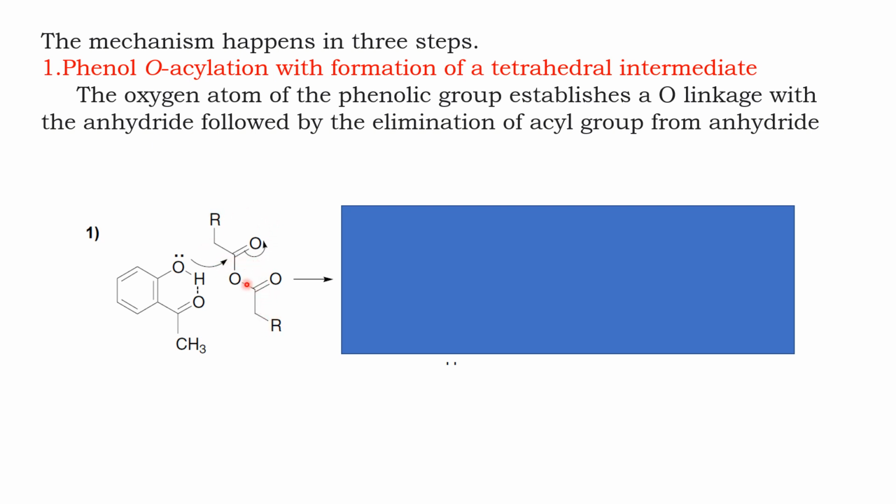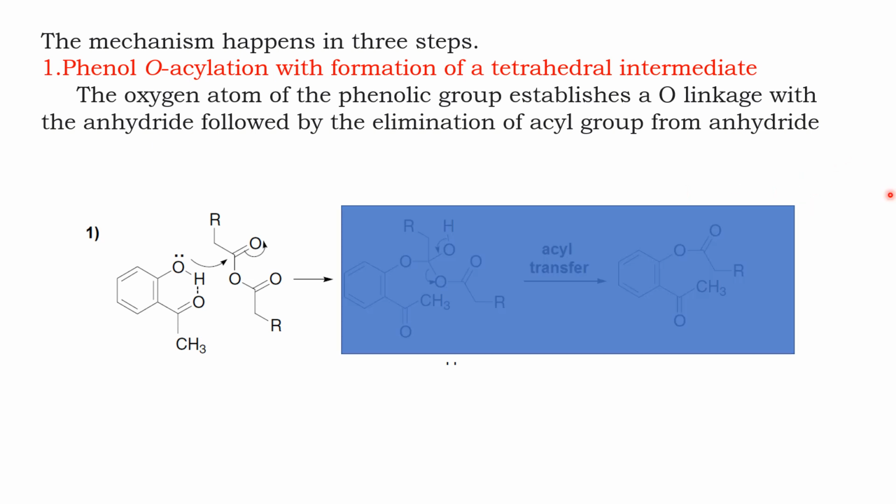This is the acid anhydride, R CH2 COO CO CH2R. So the phenolic oxygen atom is attacking the carbonyl carbon atom, because the C double bond O could undergo polarization.